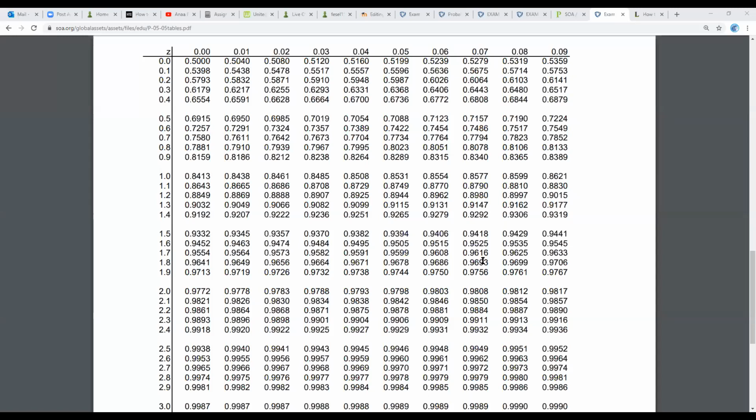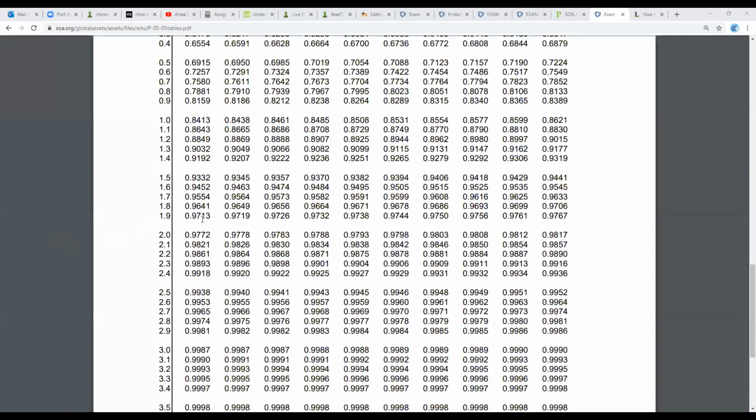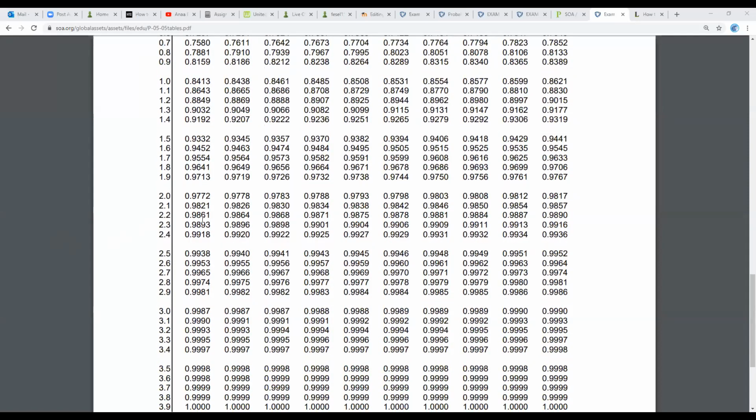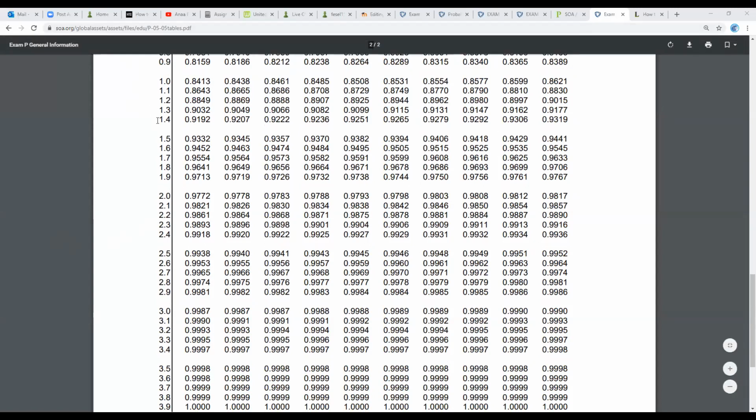You see that, for example, at z equals 1.4, the area to the left of 1.4 is 0.9192. So we're only given areas on the left of positive z values in this table. And somehow we have to manipulate our problem to put it in this form so that we can use the table. So everything needs to be converted to the left of positive z values.